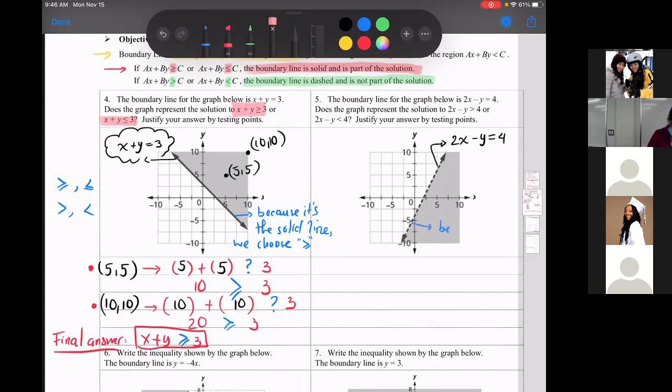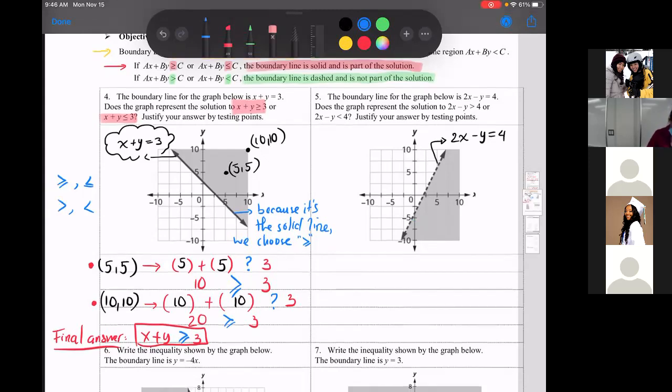What do we choose? It's gonna be which one? Either one, right? Maybe I'll write it up here.